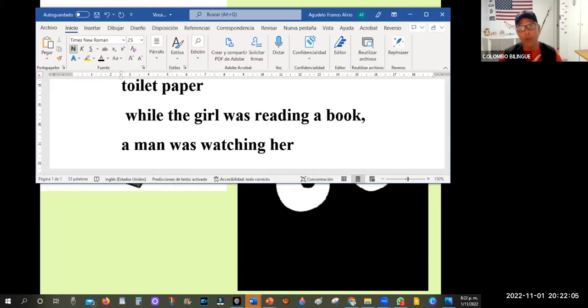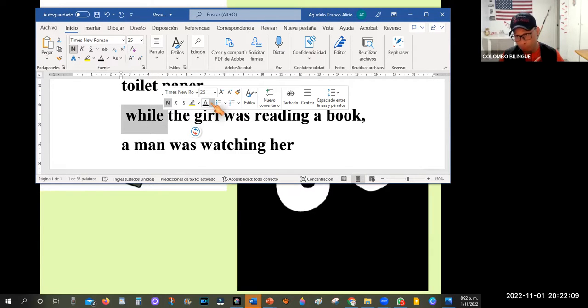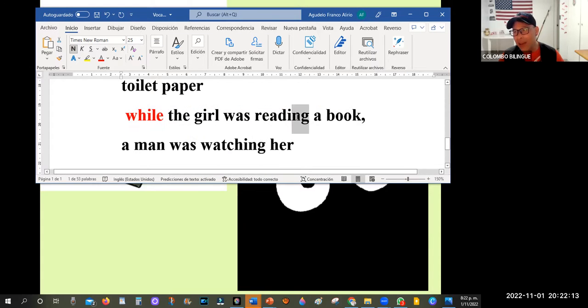This is one possible structure. If you see, you say while. But if you see, it is ing here, ing here, ing here too. In English, this is a possibility. All right, what is another possibility? I'm gonna tell it to you.